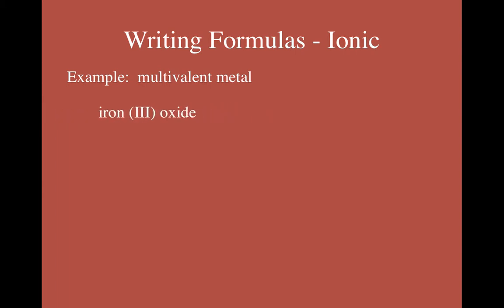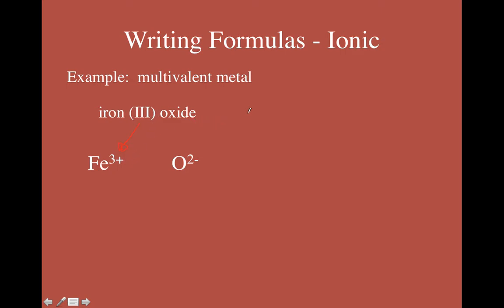So iron(III) oxide, or iron 3 oxide. I write down the symbol and the charge. That 3 tells me I'm looking at a 3+ charge. I had a choice of 2+ or 3+, but since it said III, it's got to be the 3+.